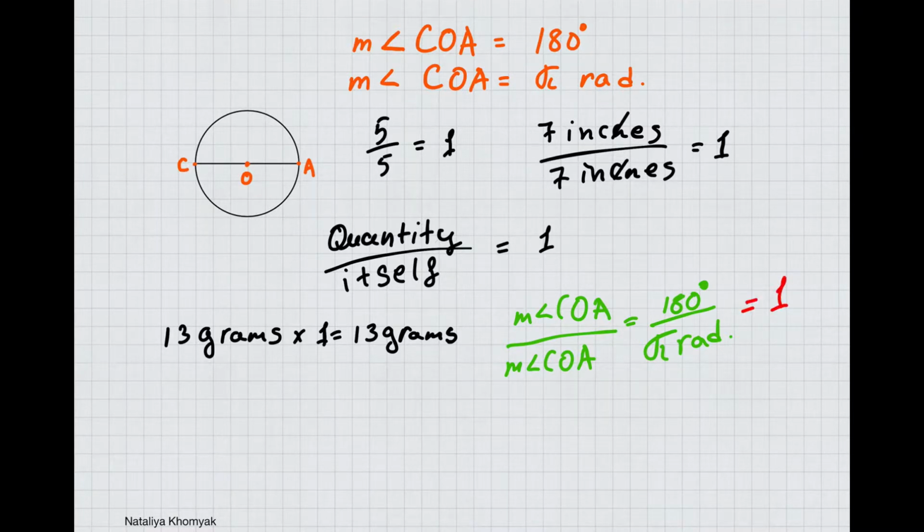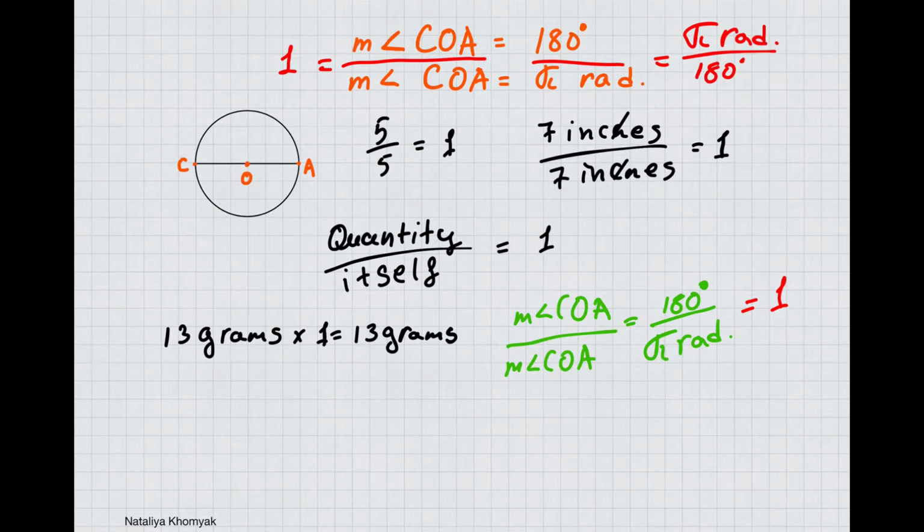The angle measurements of 180 degrees to pi radians, the ratio is always 1 because it's the same angle divided by itself. So I can set up proportion of 180 degrees to pi radians or pi radians to 180 degrees, and this value is equal to 1.